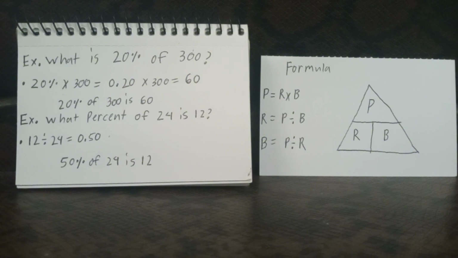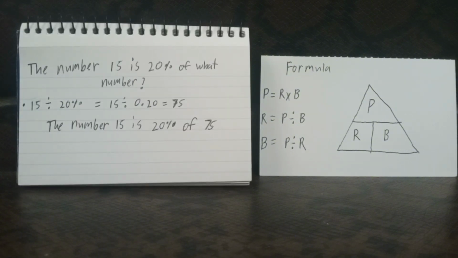It's going to be percentage divided by base. Since 12 is our percentage and 24 is our base, we have to divide 12 by 24, which is equivalent to 0.50. So what you have to do is move the decimal point 2 places to the right and add a percentage sign, and that will give you 50%. So the final answer will be: 50% of 24 is 12.